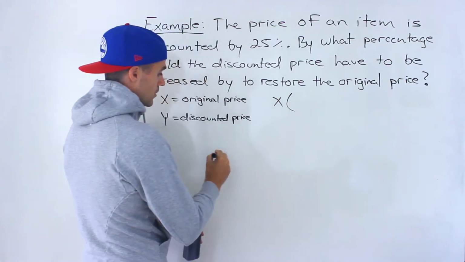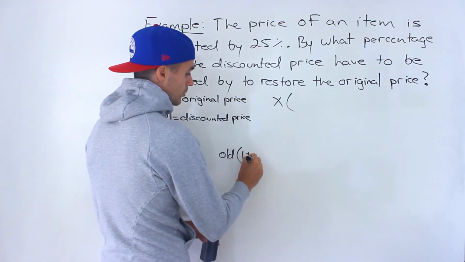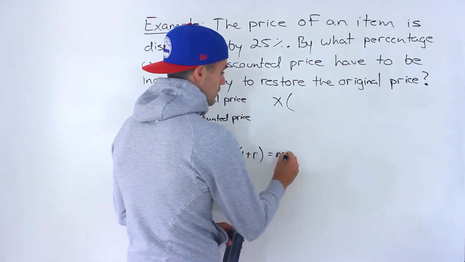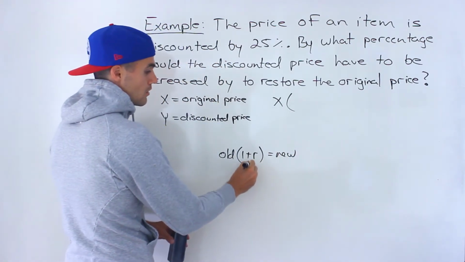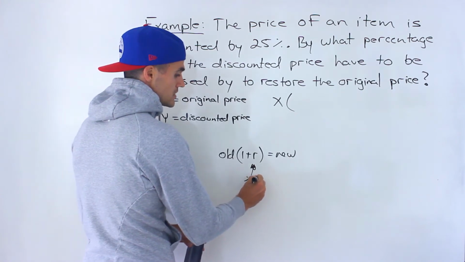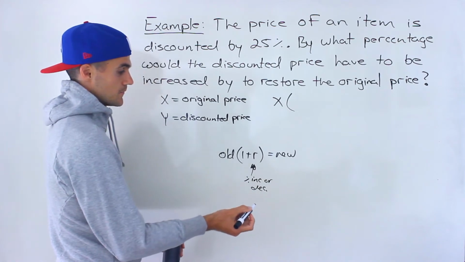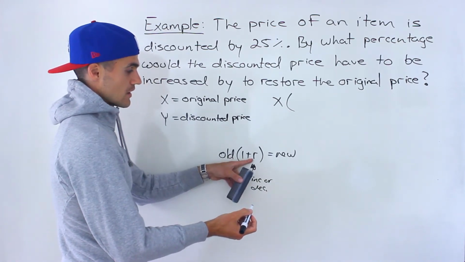So if you remember, if you have some kind of old value, and then you'll have 1 plus r, that's going to give you the new value, where this r here is basically the percentage increase or decrease. And this here has to be in decimals.